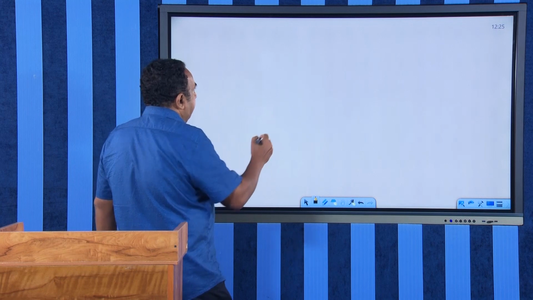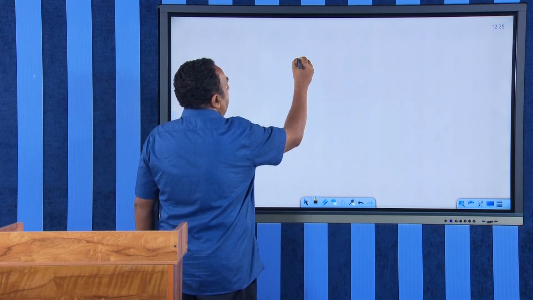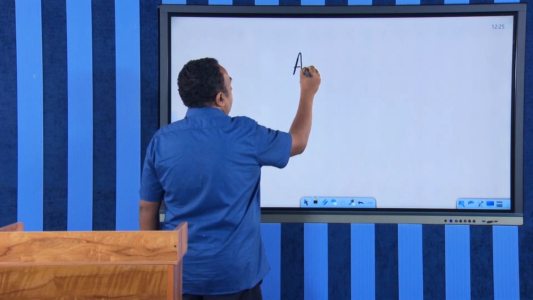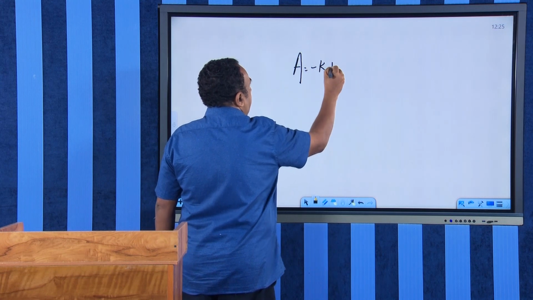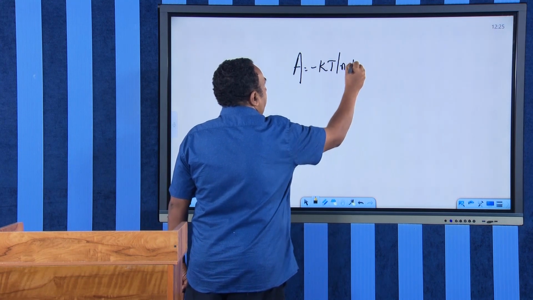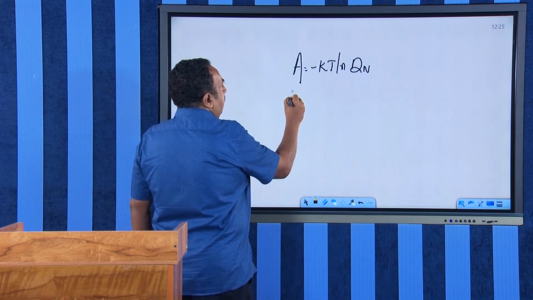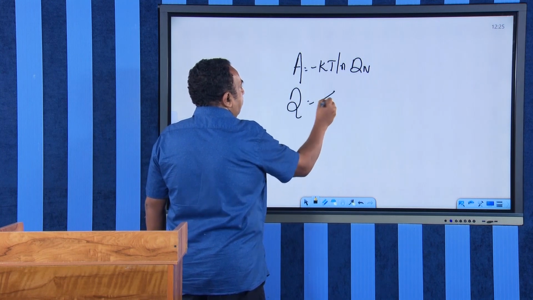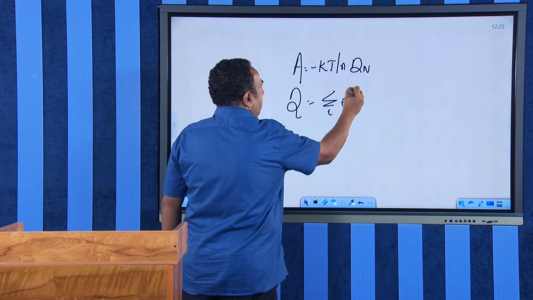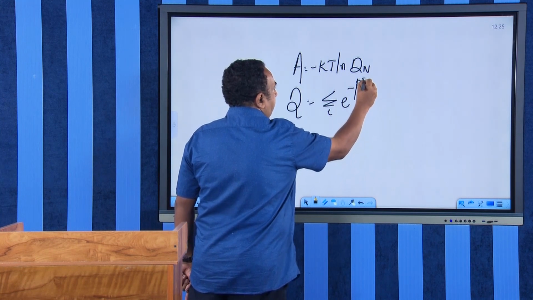What we had done here in the canonical ensemble is the bridging equation that was obtained as minus kT log Qn for n particles, and Qn is given by the sum over i of e raised to minus beta Ei.